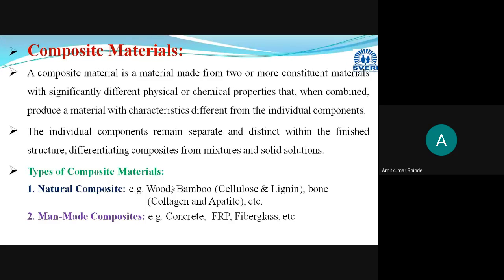The first is the introduction of the ferrous materials and phase diagrams. After that, the different ferrous materials and ferrous alloys, in that steels, cast irons, and different alloy steels, along with the iron carbide equilibrium diagram. The third chapter is non-ferrous alloys, along with some composite materials and nanomaterial study.